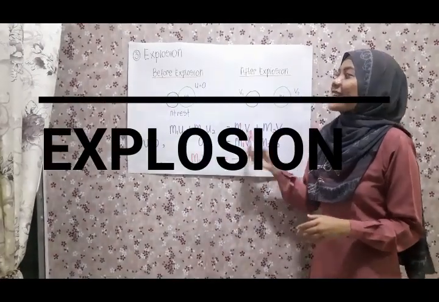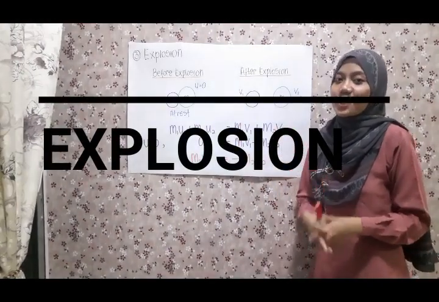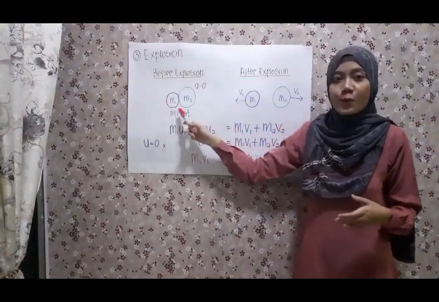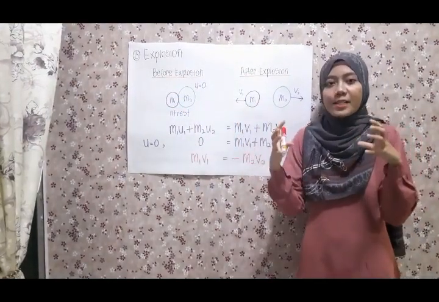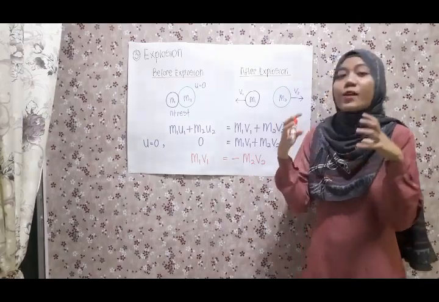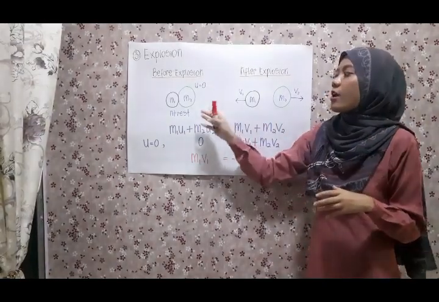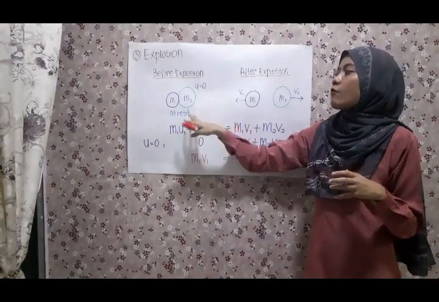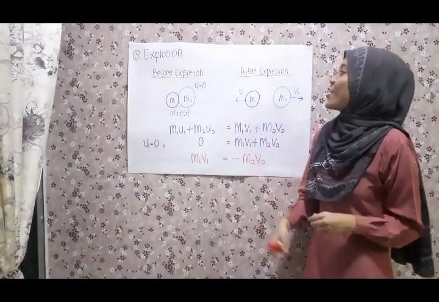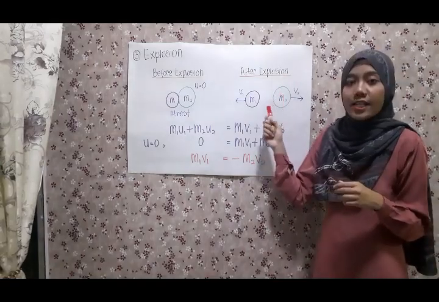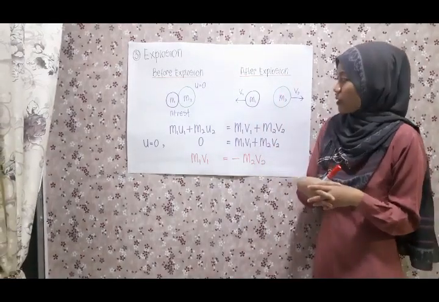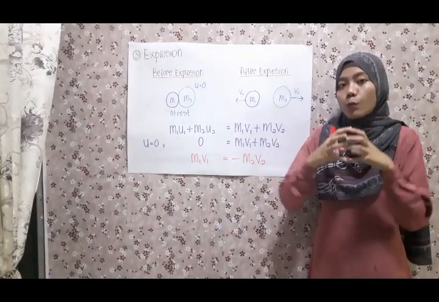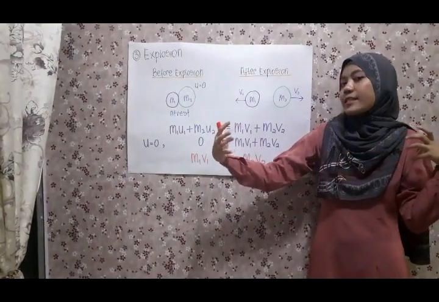Okay class, let's take a look at the last type of collision, which is explosion. Before explosion, the two objects stick together and stay together at rest, so the initial velocity for both objects is 0. After explosion, the two objects explode and move separately.